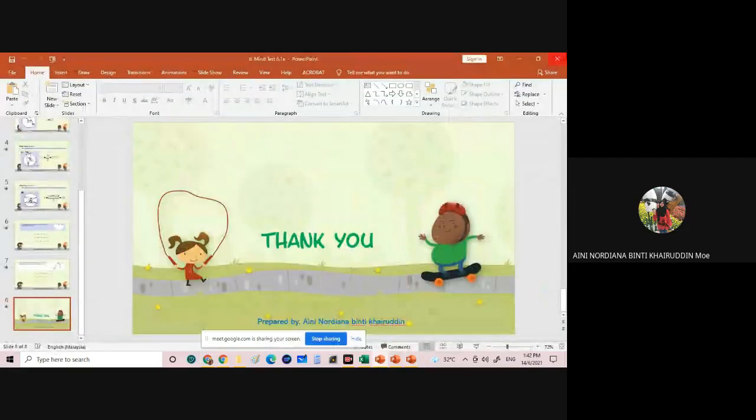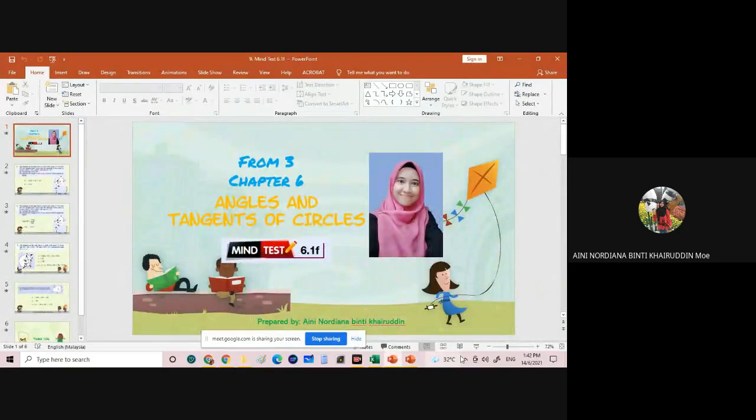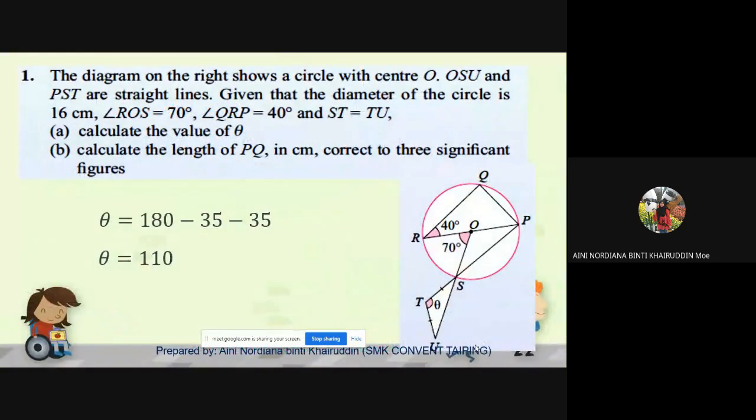Next, we proceed to mind test 6.1f. Question number 1. Okay, angle here 70, so here is 35.